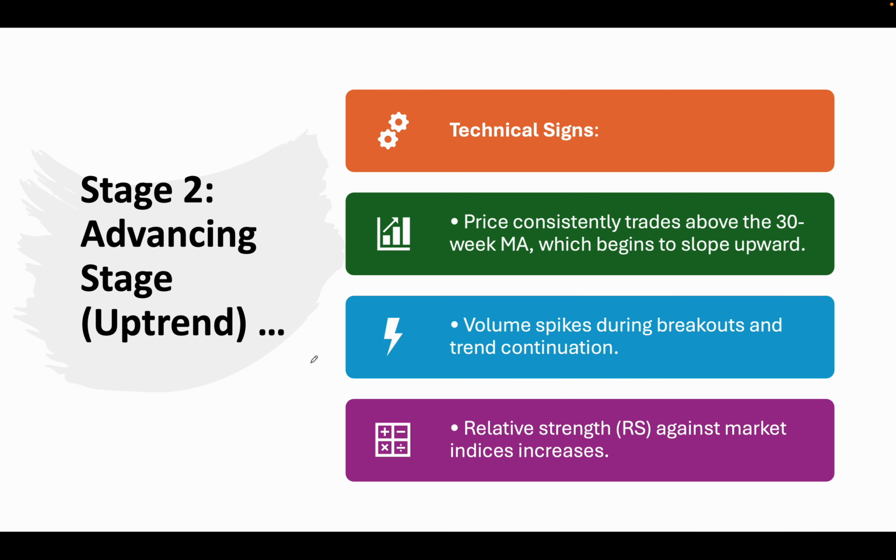Now let's see the technical signs of stage 2. Price is moving, closing above the 30-week EMA, and the slope is upward. This is the slope of the moving average. Volume will spike during the breakouts and the trend will continue, and relative strength (RS) against the market is also increasing.